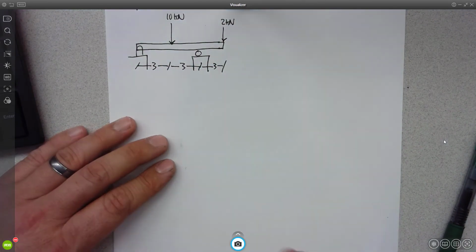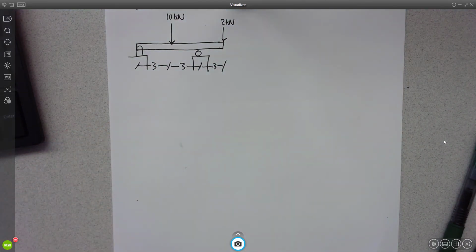Okay, so go ahead and solve this guy. I'll pause it. Go ahead and solve that. Come up with a shear moment diagram as you go across it. Label it however.